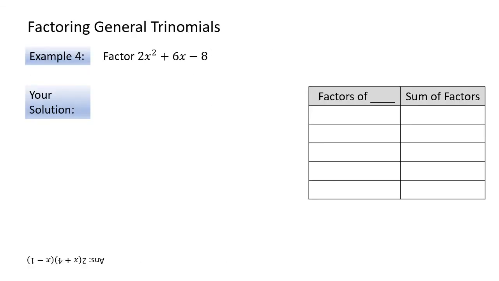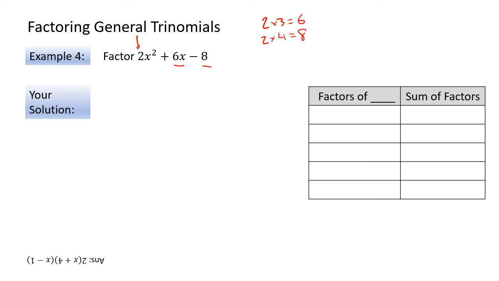So our first example, factor 2x squared plus 6x minus 8. So first thing you notice here, this term is not 1, okay, it's 2. And you'll see you have a 6 and an 8, okay? Both of which are multiples of 2, because 2 times 3 is 6, and 2 times 4 is 8, okay?